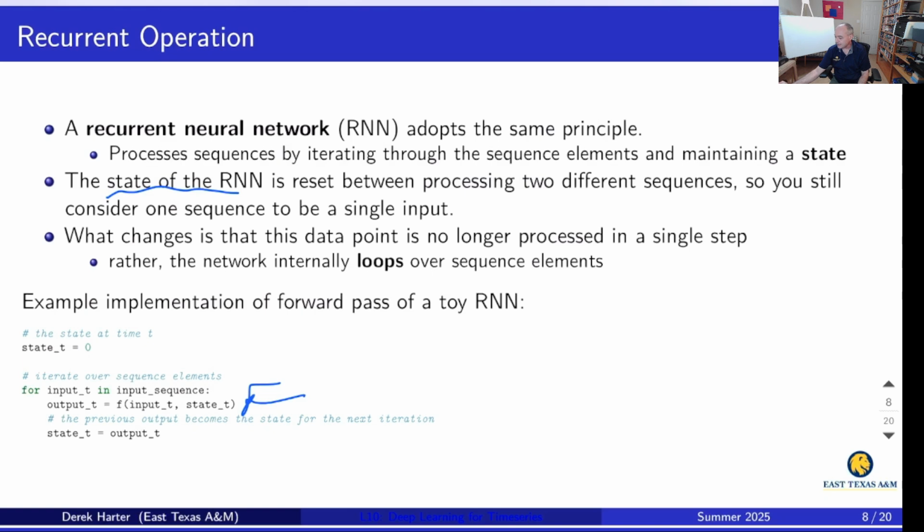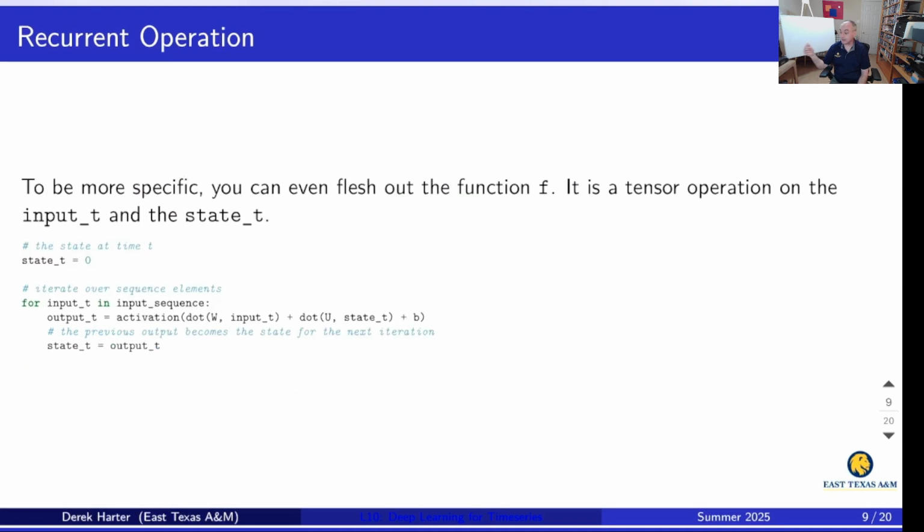Notice that the tensor operation is a function of the current input coming in and the previous state that we have. So when we generate the output for time t, we're also going to keep track of that state and feed it back in. To be more specific about what those operations are, you're familiar with that.